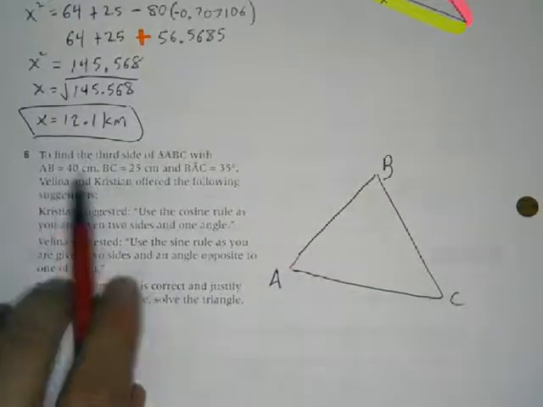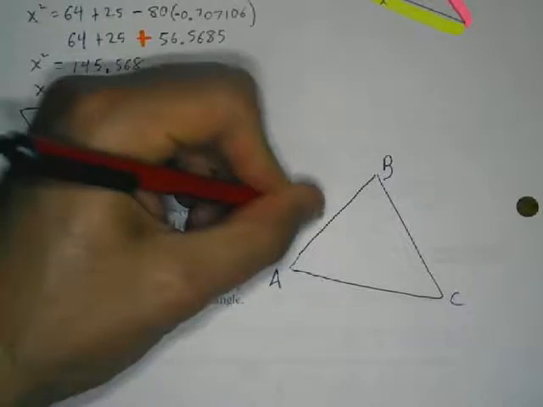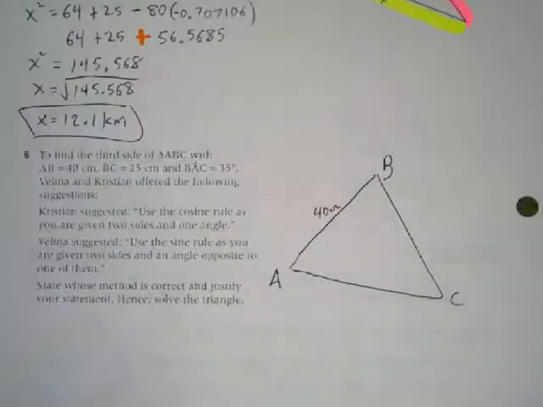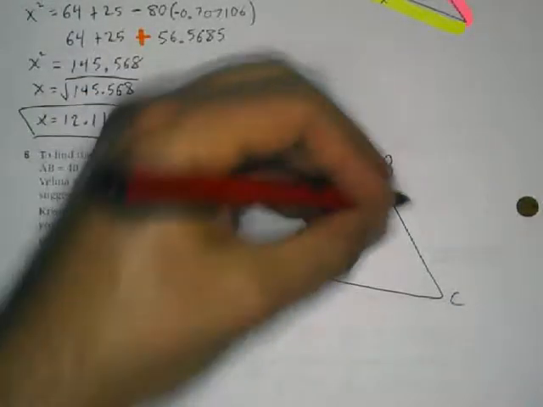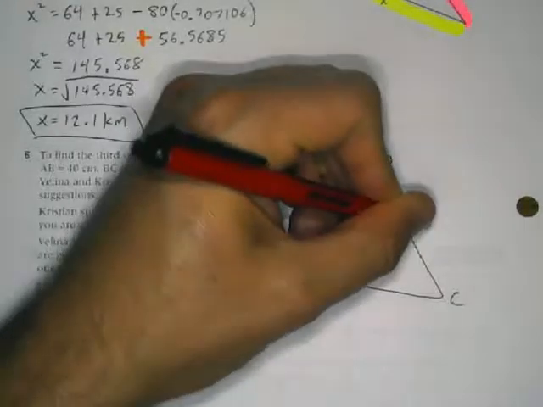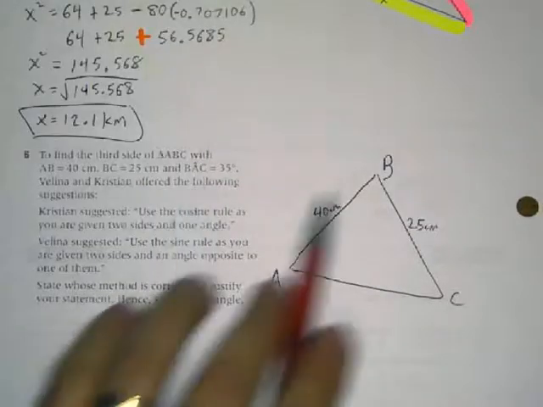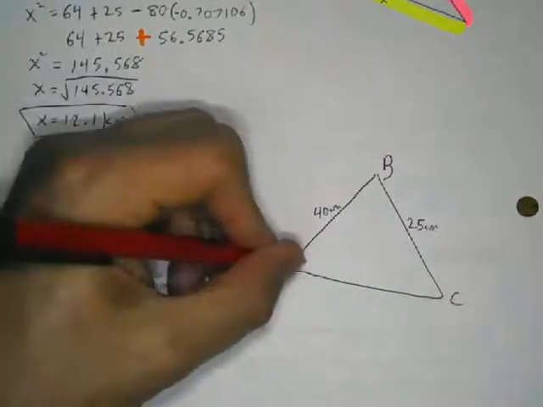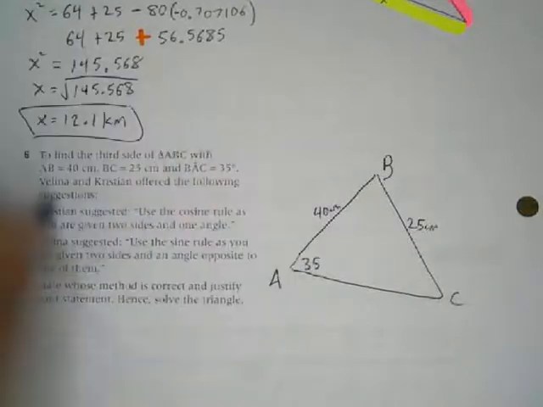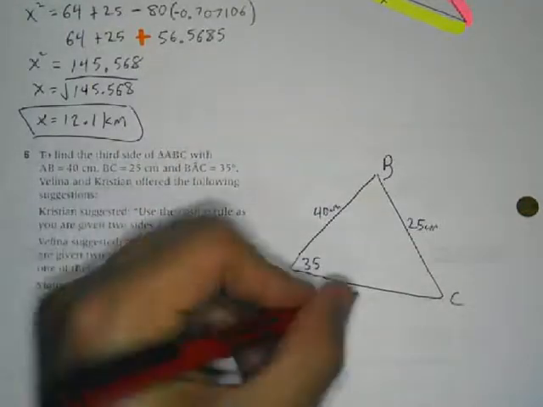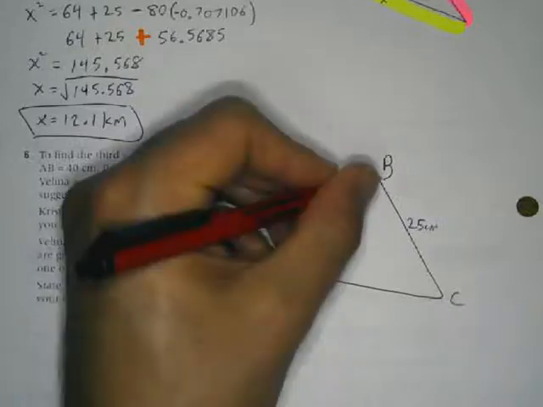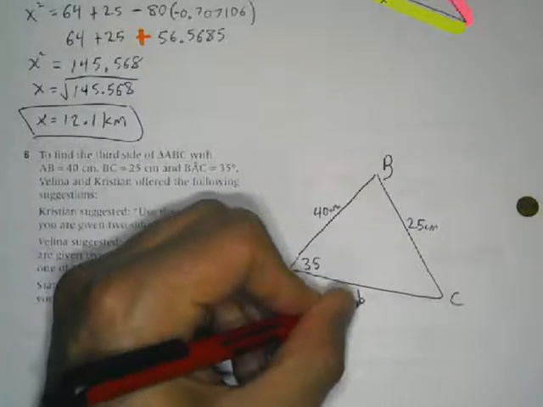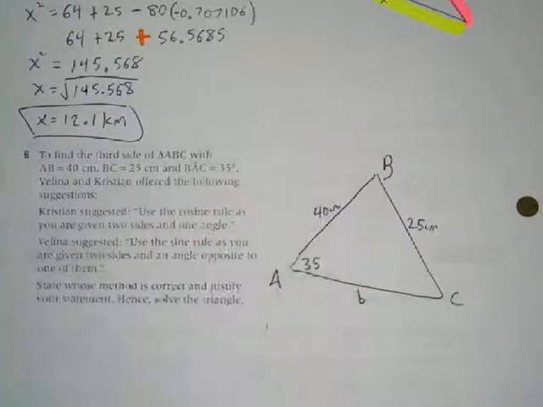AB is 40. BC is 25. And angle A is 35. And we want to find the third side, so I'm going to call it lowercase b, because it's across from the B.